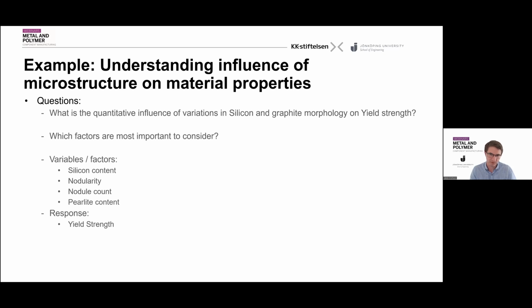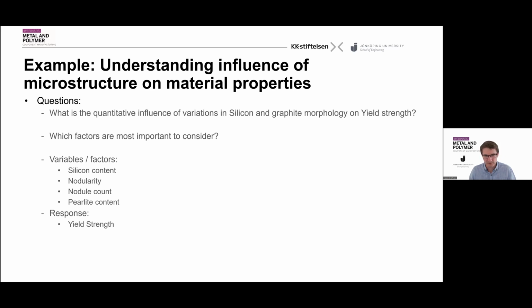So should we focus on measuring nodularity or nodule count or perlite content, or what are actually the factors that contribute to the yield strength? So here our variables or factors are the silicon content, nodularity, nodule count, and perlite content. And the response that we're interested in measuring is the yield strength of this material.